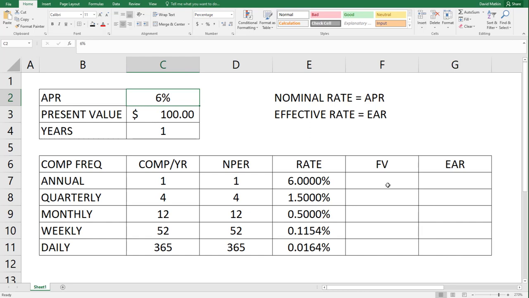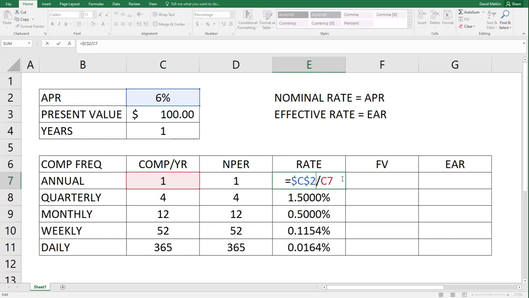That's what we're feeding into the future value formula. And the rate that we're going to use is going to be this 6%, but we'll divide it by the number of times we compound per year. And so we've got 6% divided by 4 for quarterly, or 6% divided by 12 for monthly.